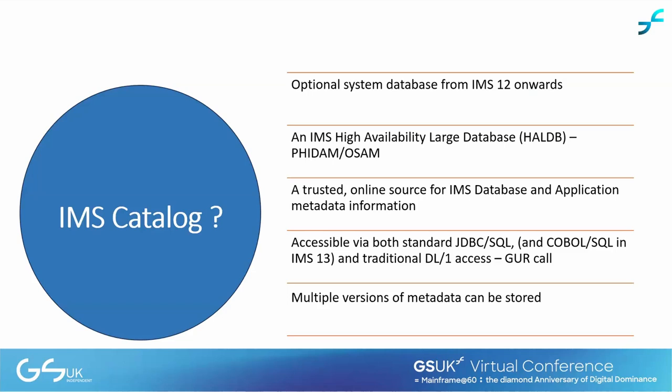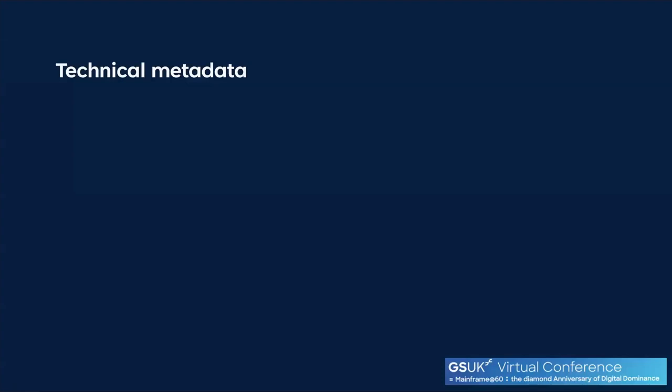That will invalidate the last entry, and only the new entry will be referred to. And then there is something called the catalog purge utility, which you can use to purge the older entries. So that's the concept of multiple versions. There is also a concept of database versioning, but that's different from metadata versions.